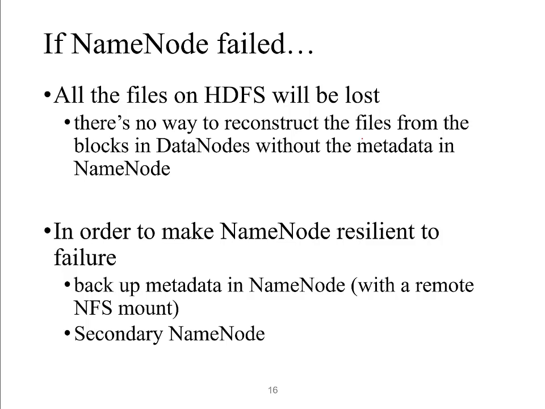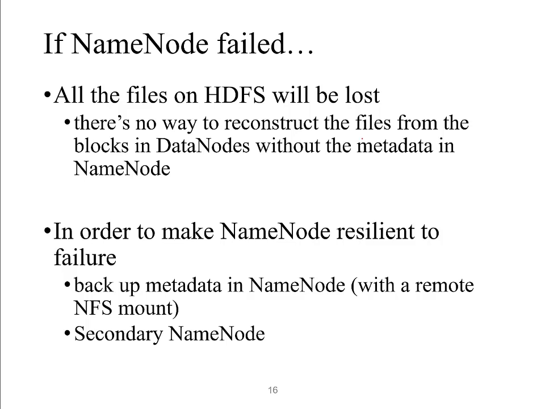The first way is to back up the files that make up the persistent state of the file system metadata. Hadoop can be configured so that the name node writes its persistent state to multiple file systems. These writes are synchronous and atomic.